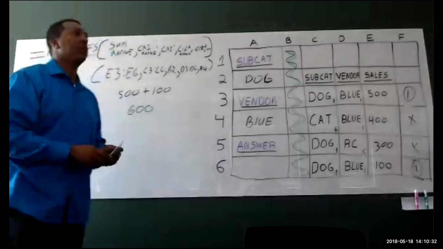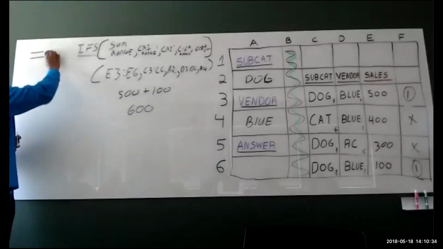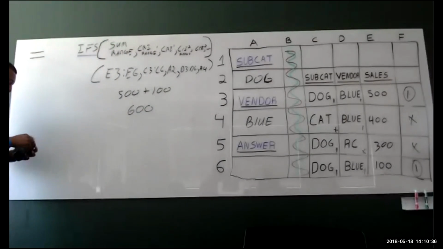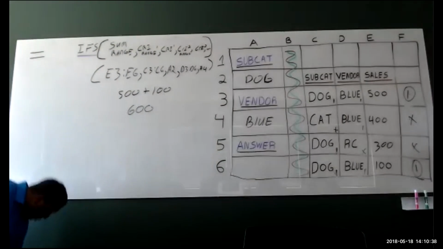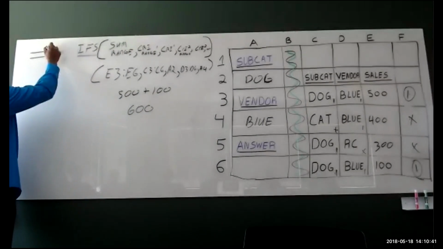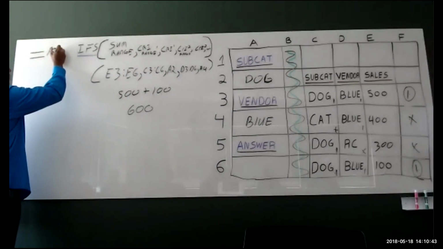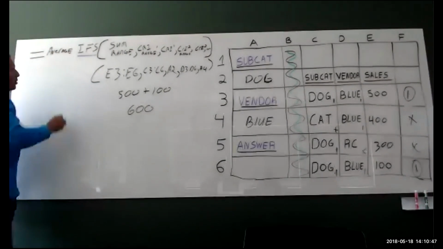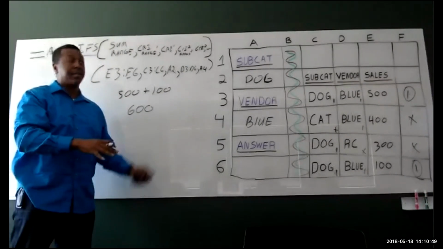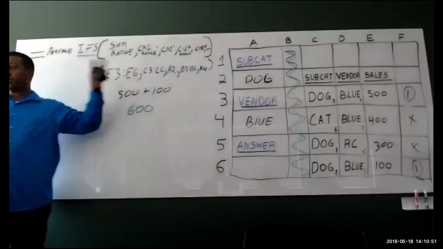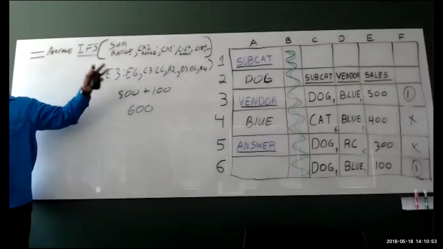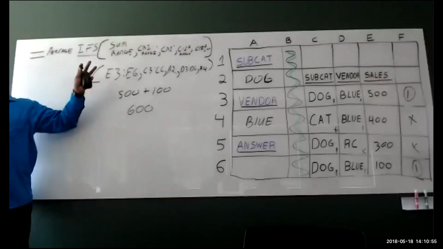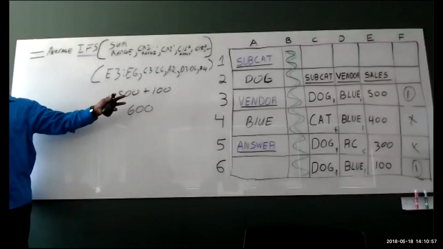All right. So where I had sum before, I can put average and it'll do the exact same thing in the exact same syntax, in the exact same format, but instead of giving me the sum, it will give me the average.